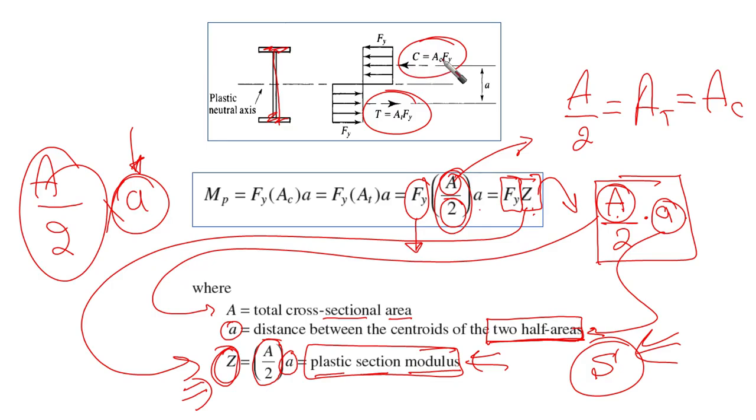The distance between the centroids of the upper and lower half multiplied by one of the forces, whether it's tension or compression, is going to provide for us the plastic moment. And our plastic section modulus is, as you can see here, half of the area times the centroidal distance between upper and lower halves.